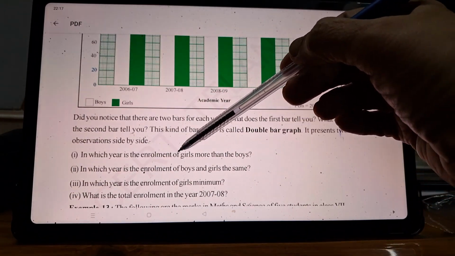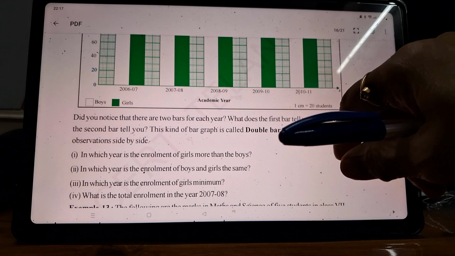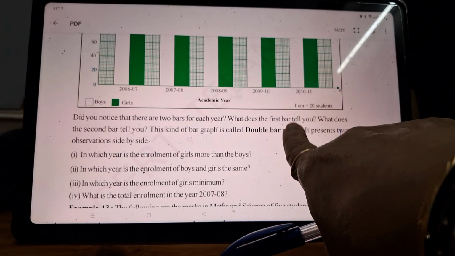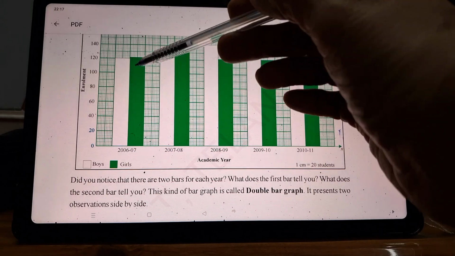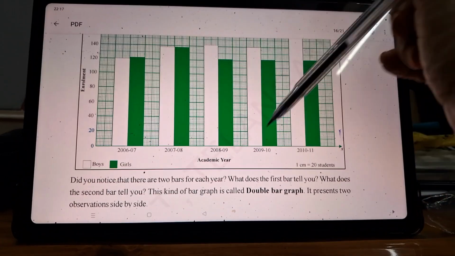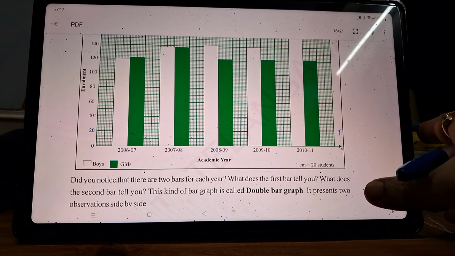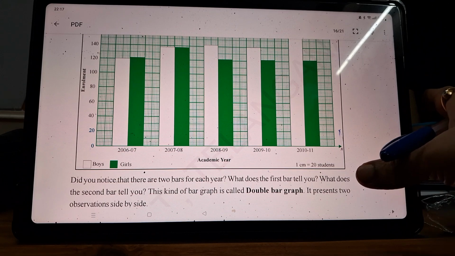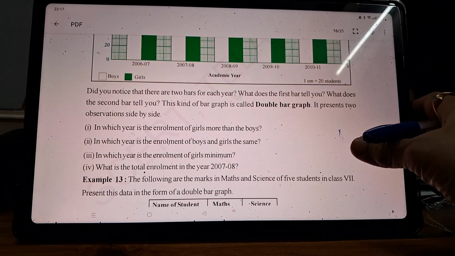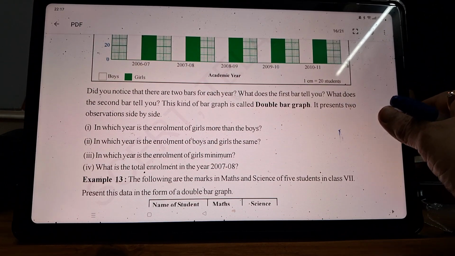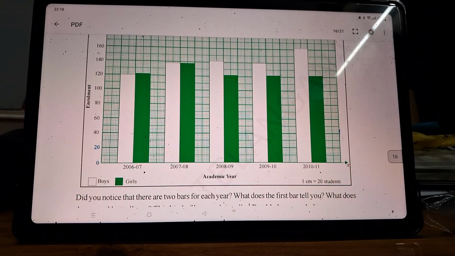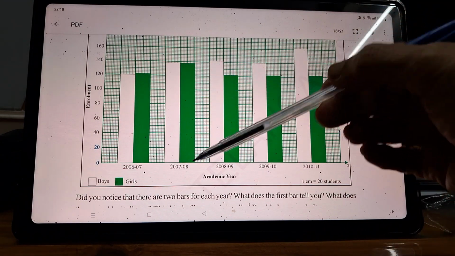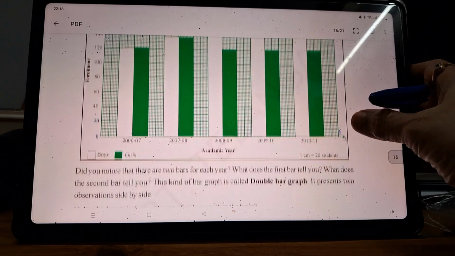In which year is the enrollment of girls more than boys? Green color is more here, children. 2006 and 2007, it is more. And the next question, in which year is the enrollment of boys and girls the same? Boys and girls the same is this year, 2007 and 2008.